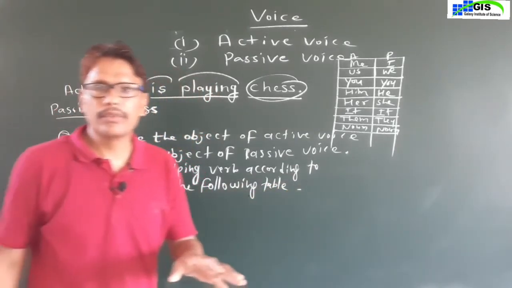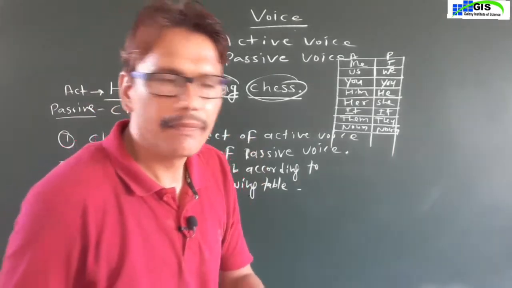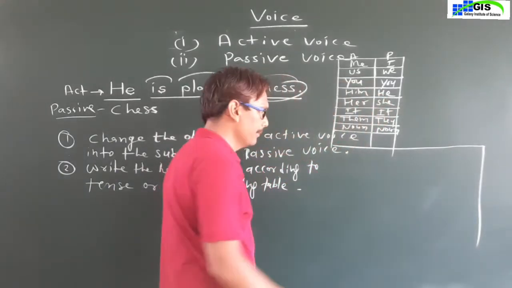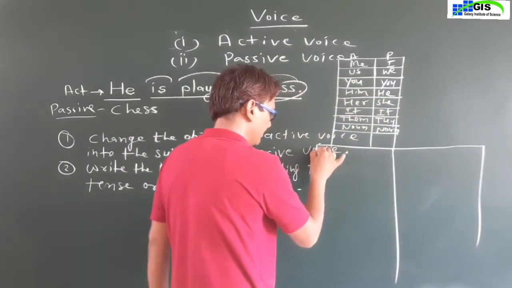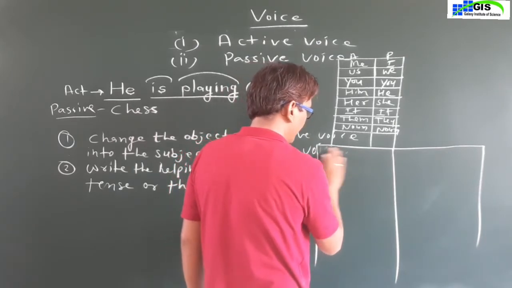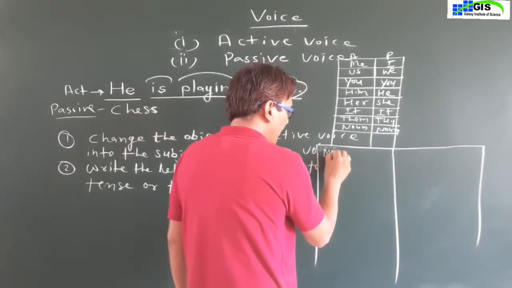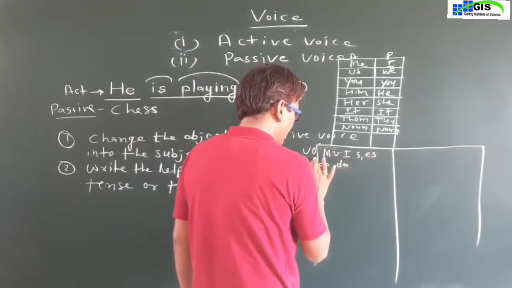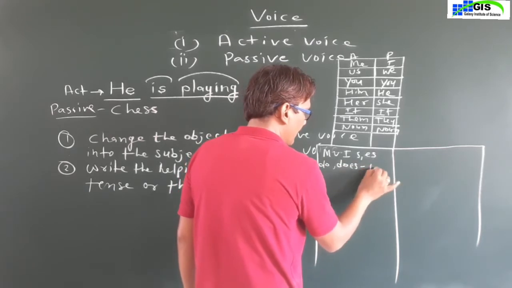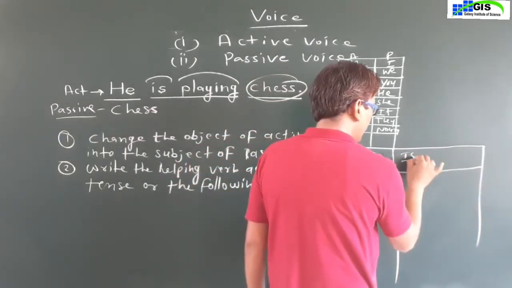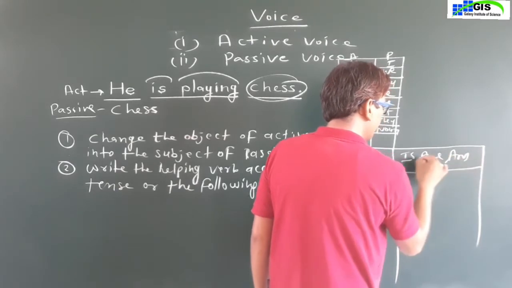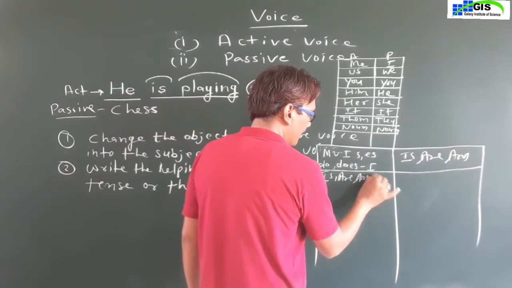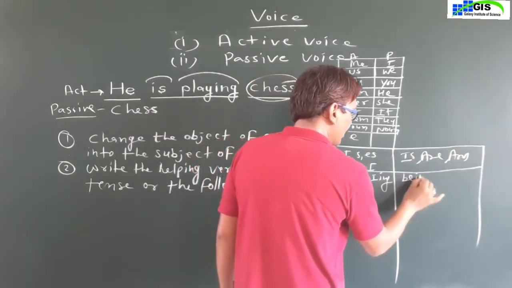According to tense, we use the helping verb, and the helping verb is used as follows: if you find the base form first, S or ES, do or does, then use is. If you find is, first form with ING, then use being.